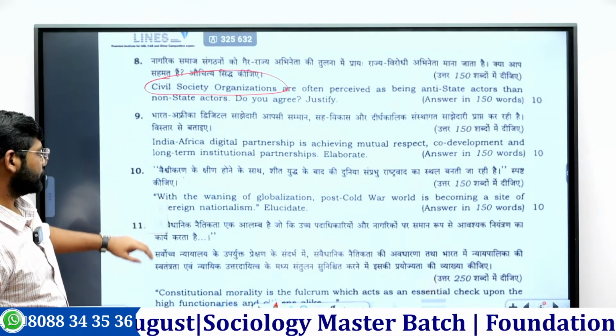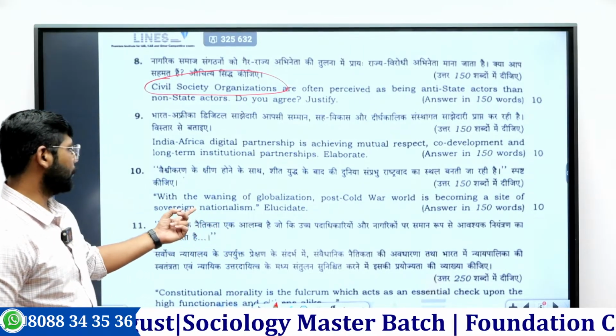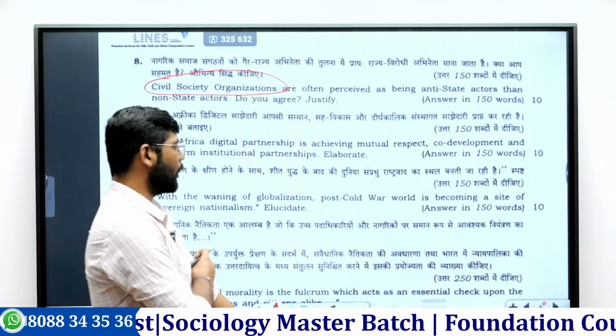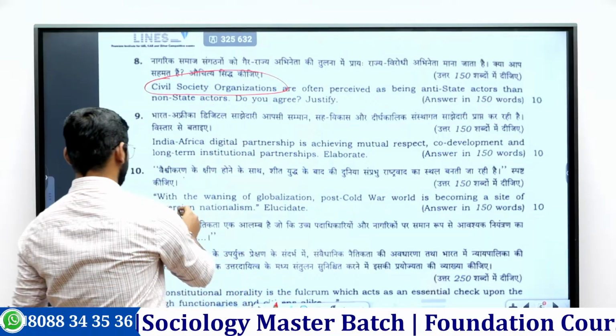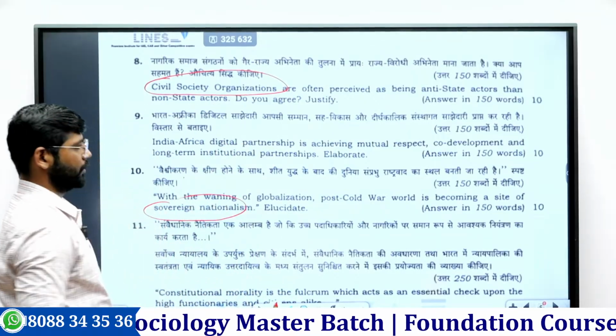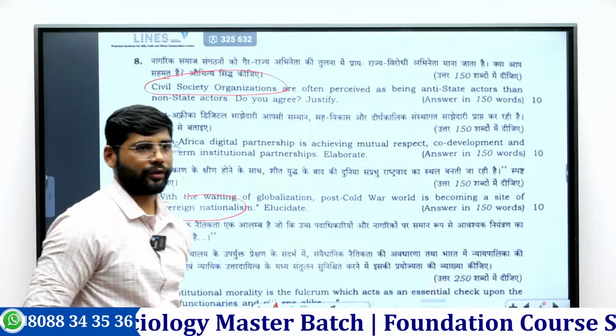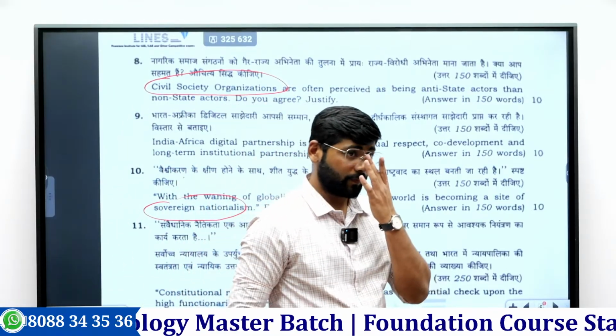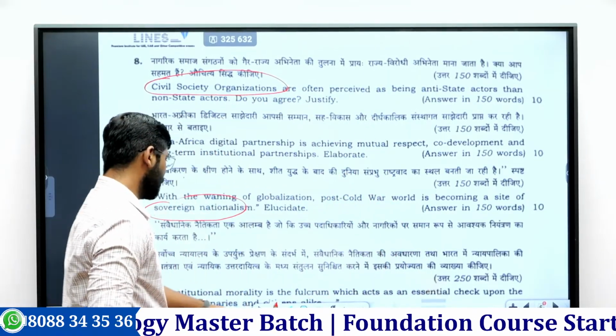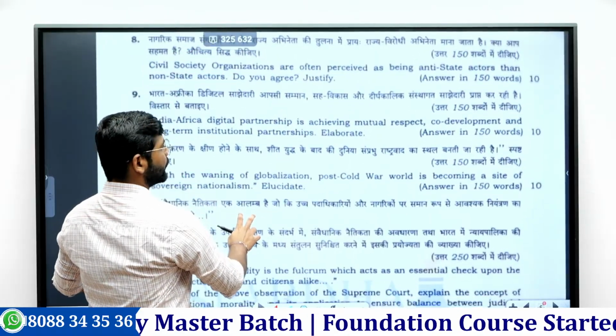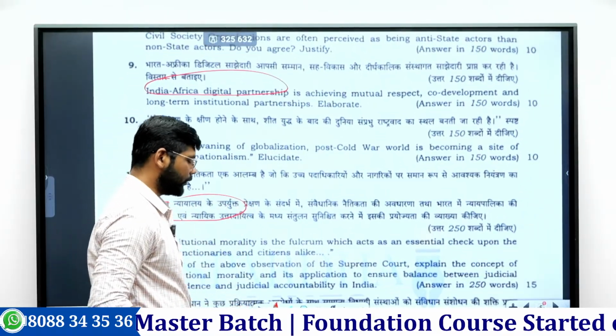Then the next question. With the waning of globalization, the post-Cold War world is becoming a site of soaring nationalism. What is soaring nationalism now? It is nothing but the protectionism it is talking about. What is protectionism? What do we consider? Our Atmanirbhar Bharat. What are we doing with Atmanirbhar Bharat?